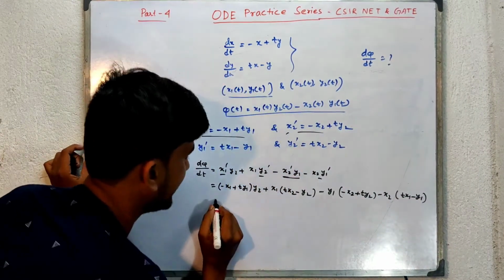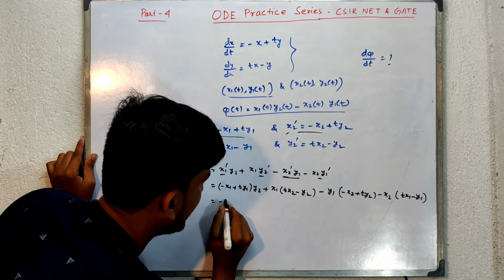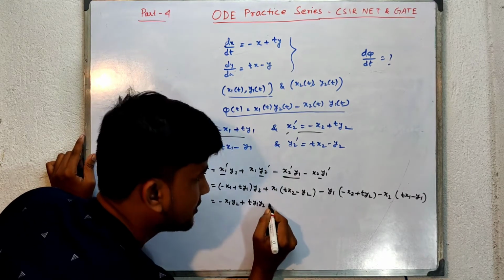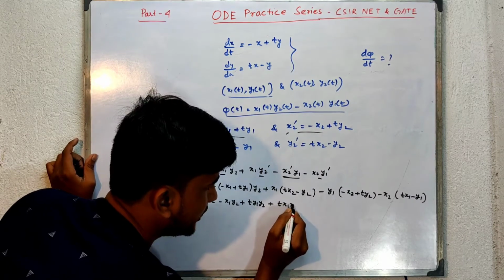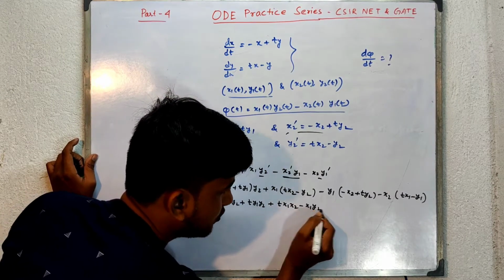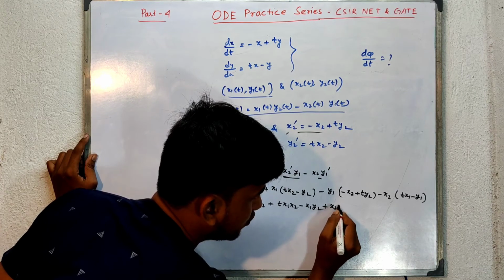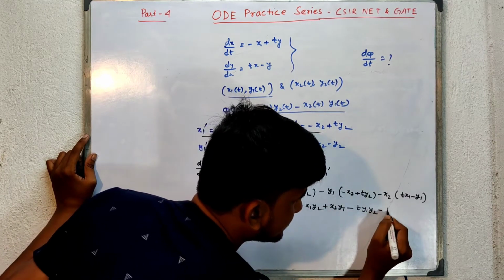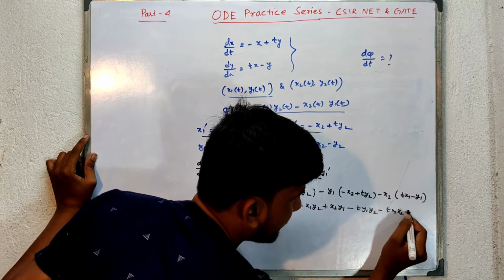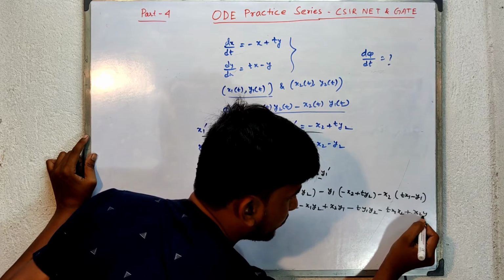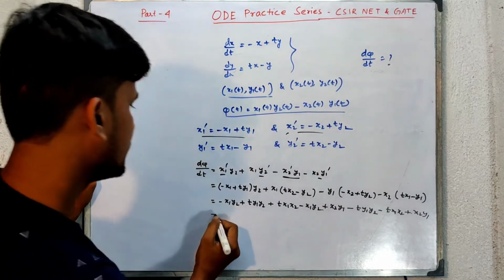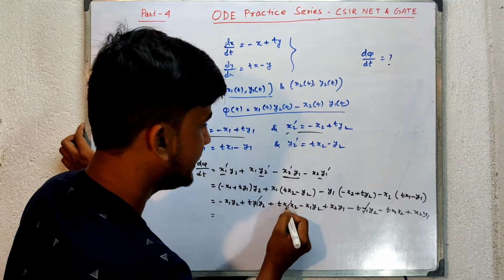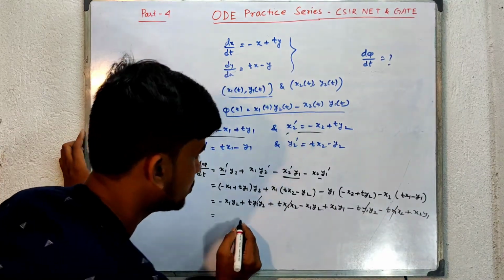Now we simply multiply. This is equal to minus x1 y2 plus t y1 y2 plus t x1 x2 minus x1 y2 plus x2 y1 minus t y1 y2 minus t x1 x2 plus x2 y1. Now t y1 y2 cancels with this and t x1 x2 cancels with this, so these are cancelled.